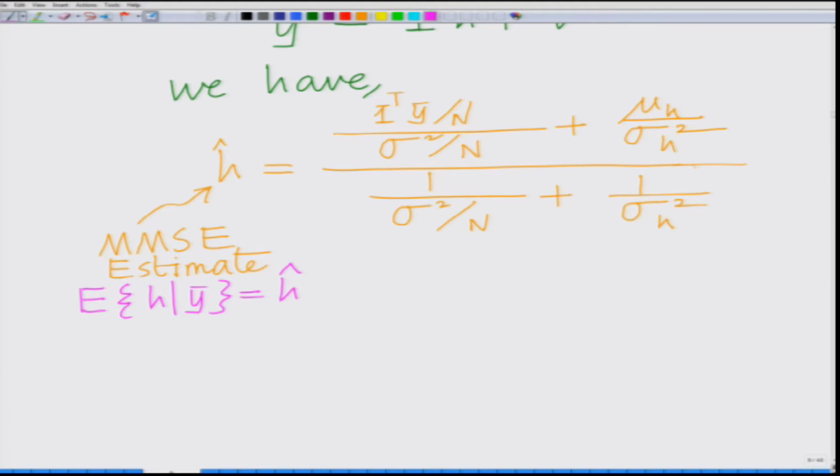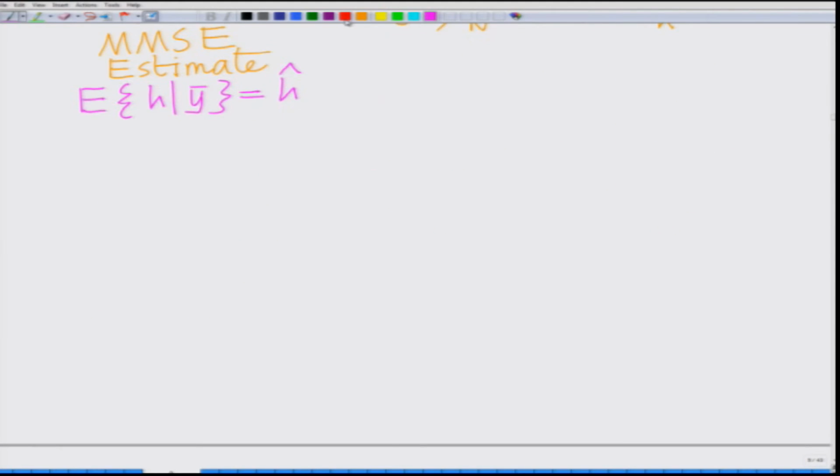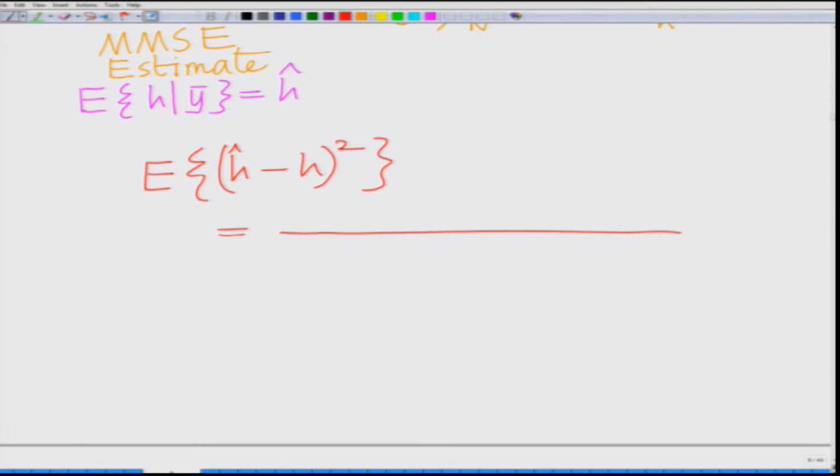And further, the variance, that is the mean squared error in this case, is nothing but the variance of the posterior, the expected value of h hat minus h whole square. We derived this in the previous module: it is 1 over the quantity n over sigma square plus 1 over sigma h square.